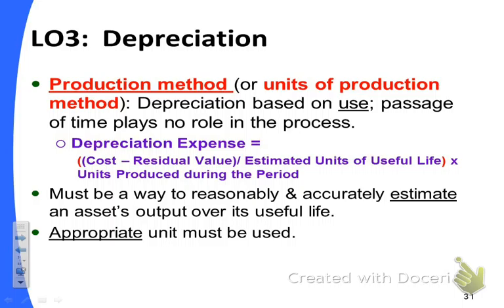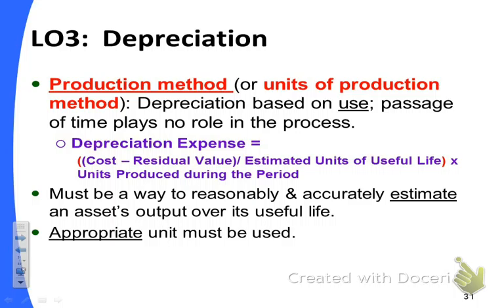So where this might be frequently seen is something along the lines of a production piece of equipment. So let's say a manufacturer has an injection molding machine. They're going to estimate that this molding machine is going to be able to do 300 million units before it has to be replaced.